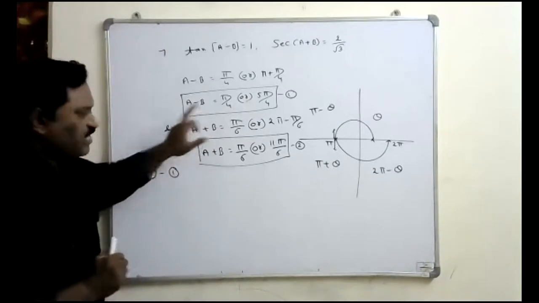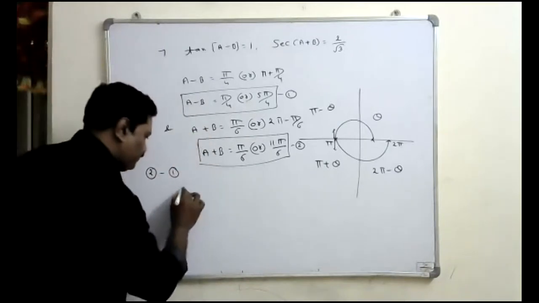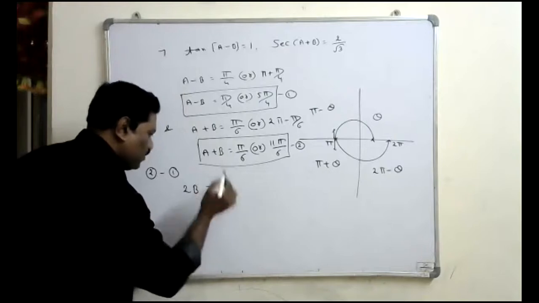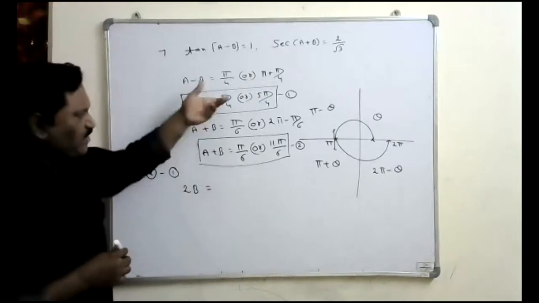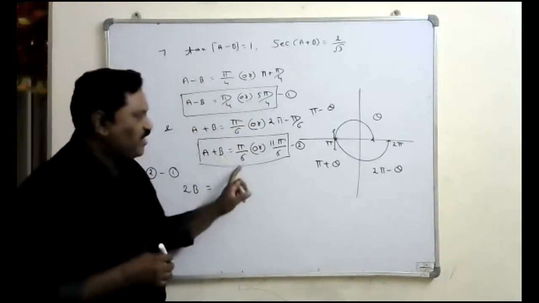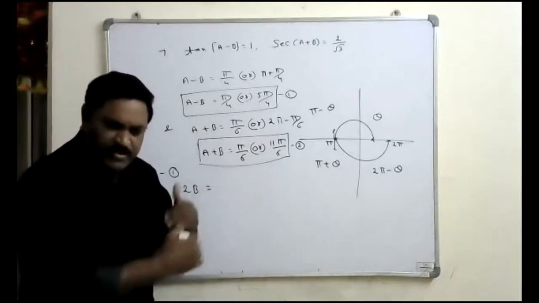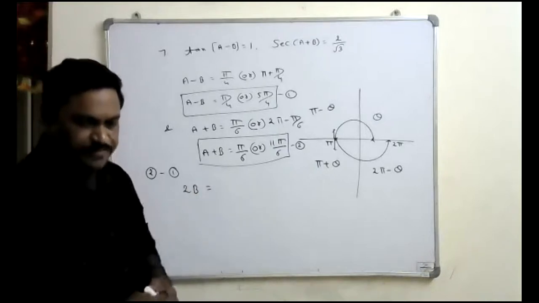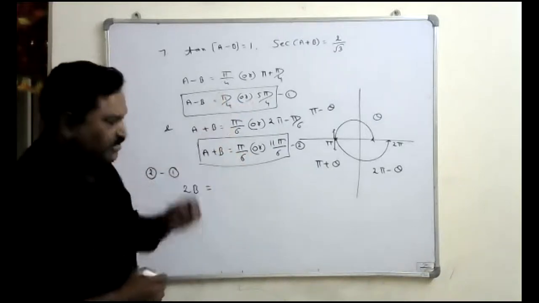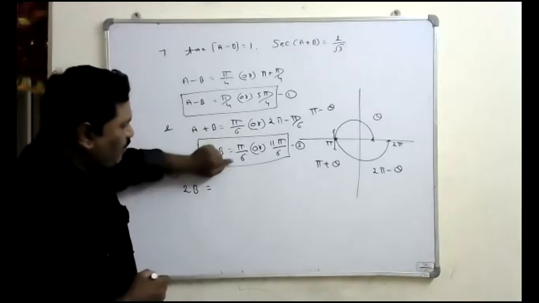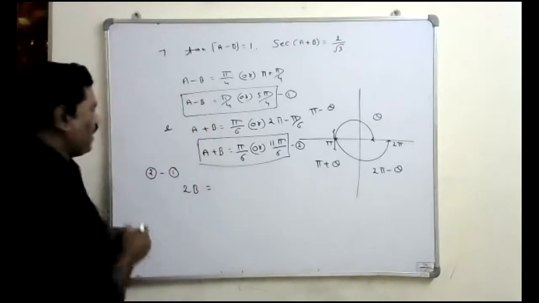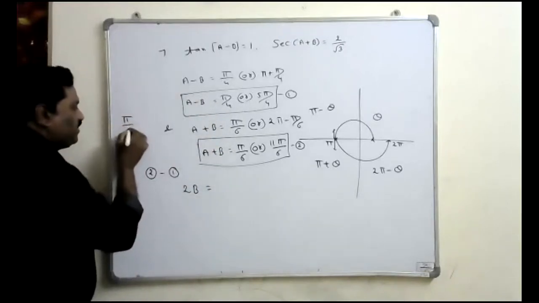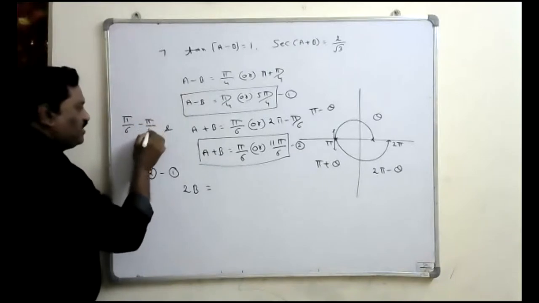B minus of minus B, we are getting 2B is equal to. Here we have two values, here also we have two values. But which two I have to subtract, that we have to decide. Suppose I subtract pi by 6 and pi by 4. Pi by 6 minus pi by 4. What is the LCM?